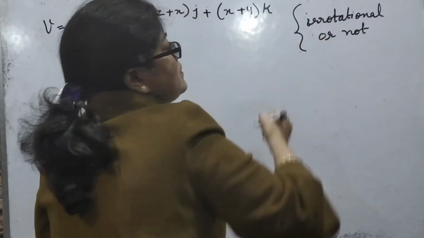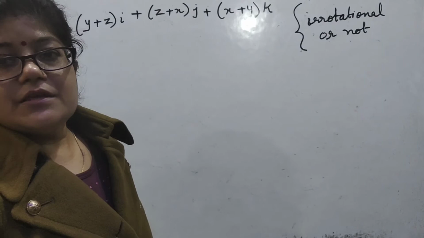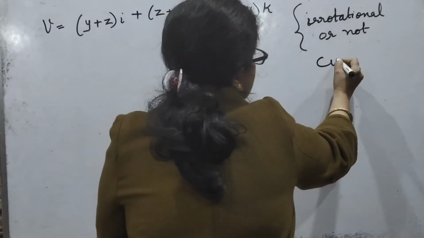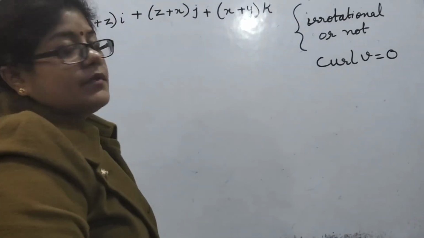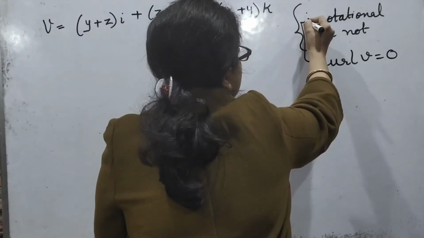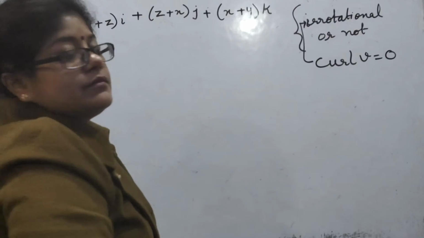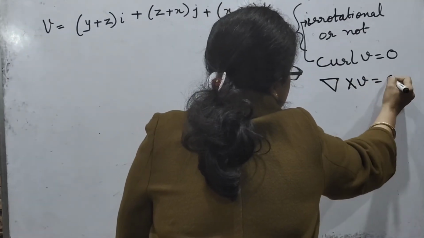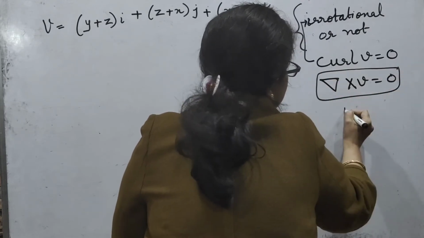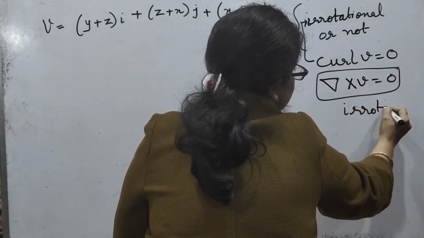If a vector is irrotational, then the curl of the vector must be 0. That means if the curl of the vector is 0, then the vector is irrotational.